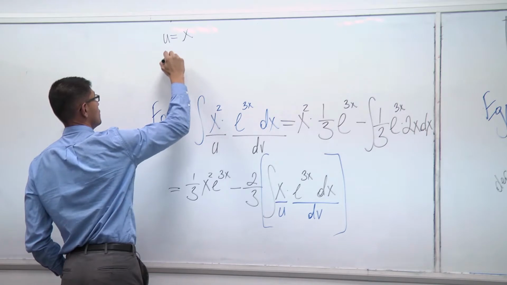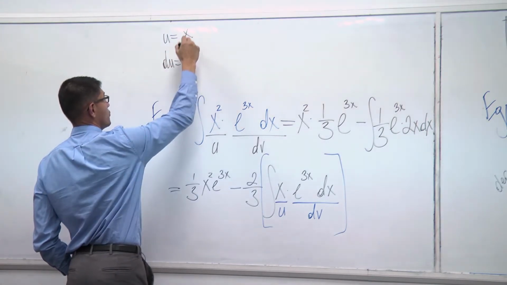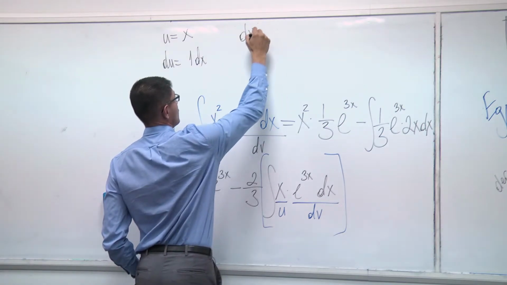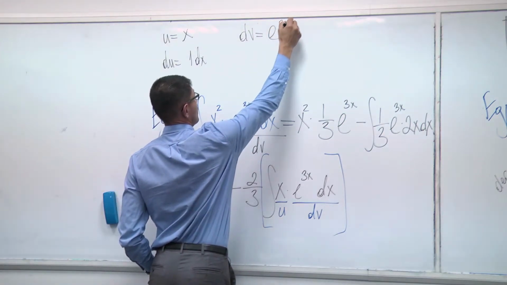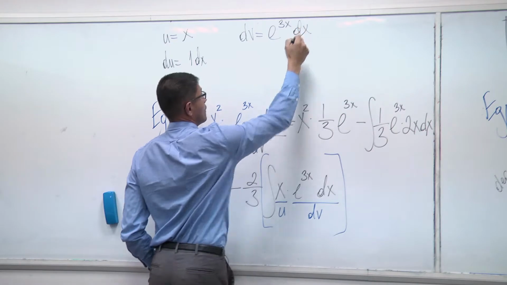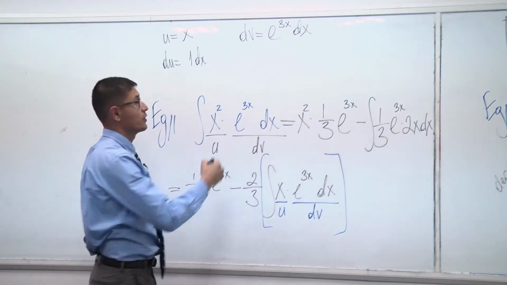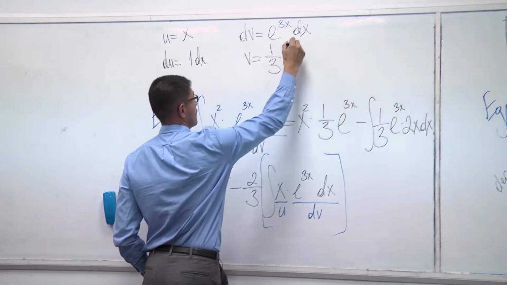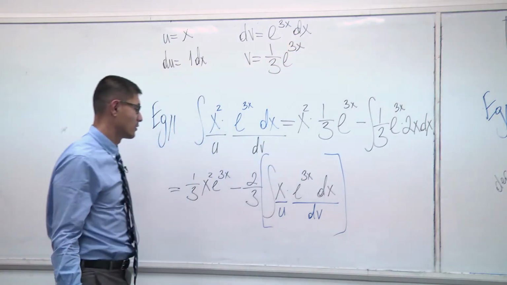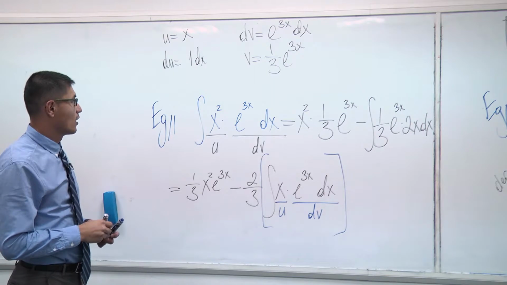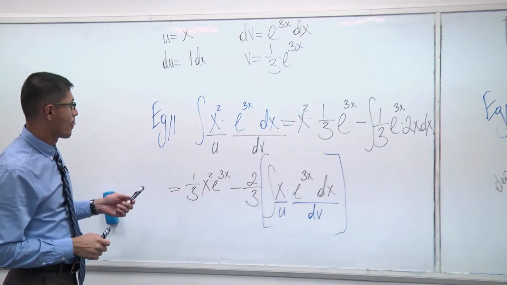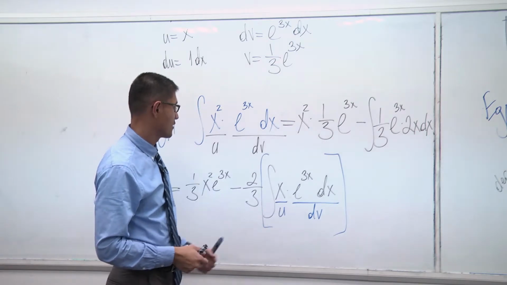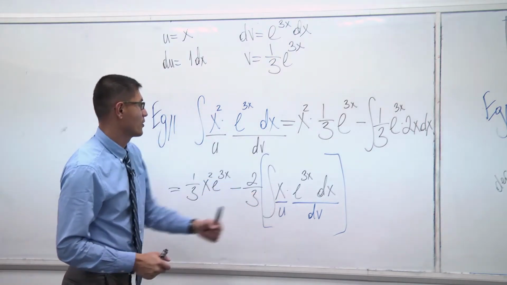That means du, the derivative, would be 1 dx. And then we said dv equals e to the 3x dx. So the antiderivative v is again 1 over 3 e to the 3x. Okay, so we will use these four values to replace the new integral.